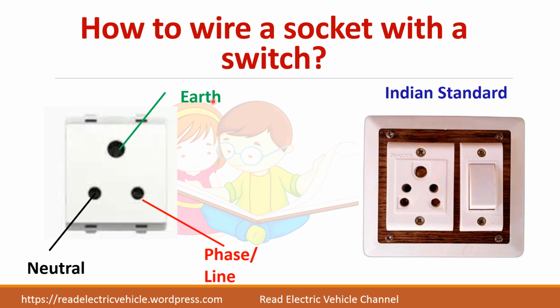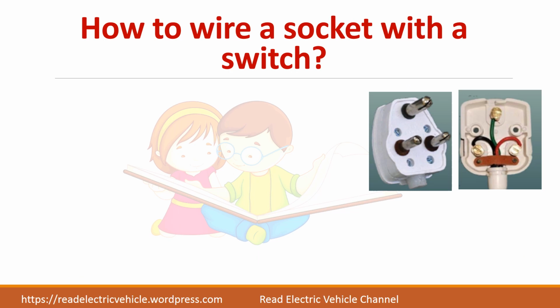Normally green color wire is preferred for the earth pin, and the red color and neutral color of the wire depend upon the country. In some countries they have red and black. Now most of the countries are following IEC standards where they have brown and blue. We can see the plug connection here.